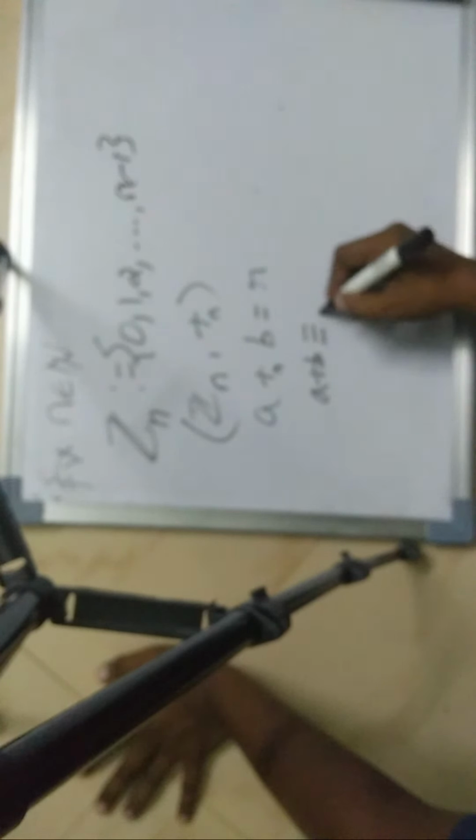How we define this operation: a plus n b is defined to be some r where a plus b is congruent to r mod n, or else we can write it in another way, where a plus b, this plus denoting the usual addition of integers, is equal to some qn plus r, where 0 is less than or equal to r less than n.